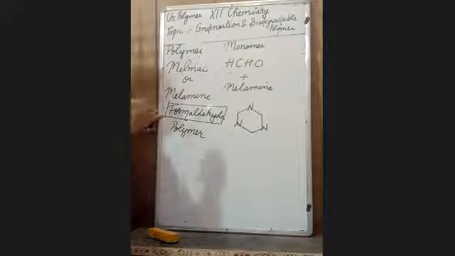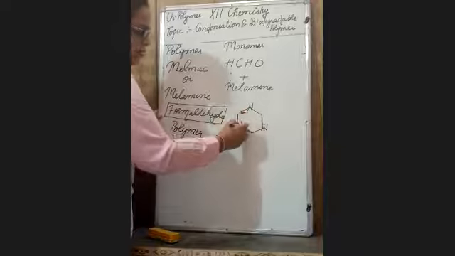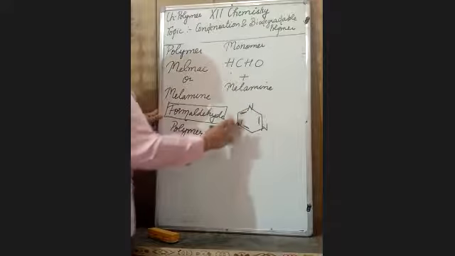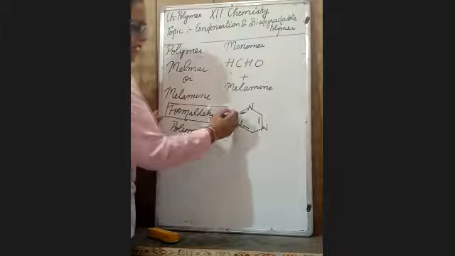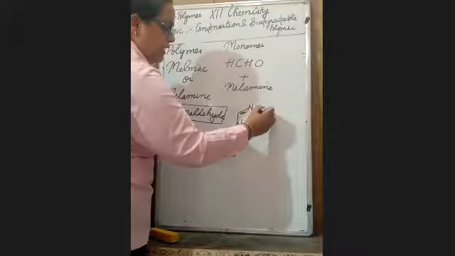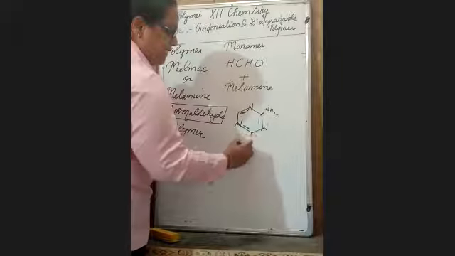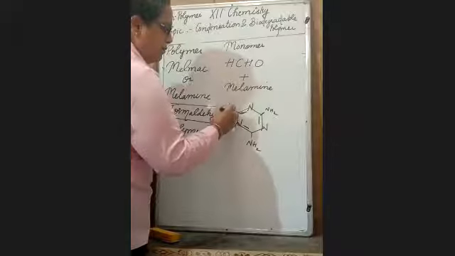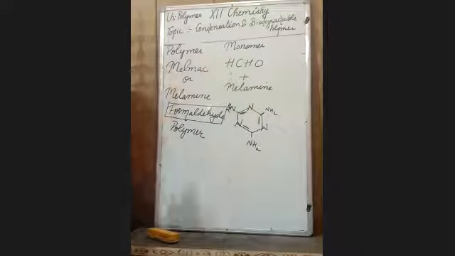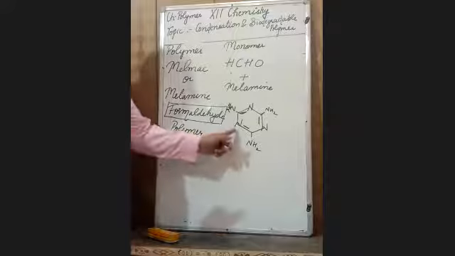It has N here, double bond, because alternate double, single, double, single, double, single. And at all these positions, NH2 group is present. But draw it with me, because in board exams, you have to draw structures also.